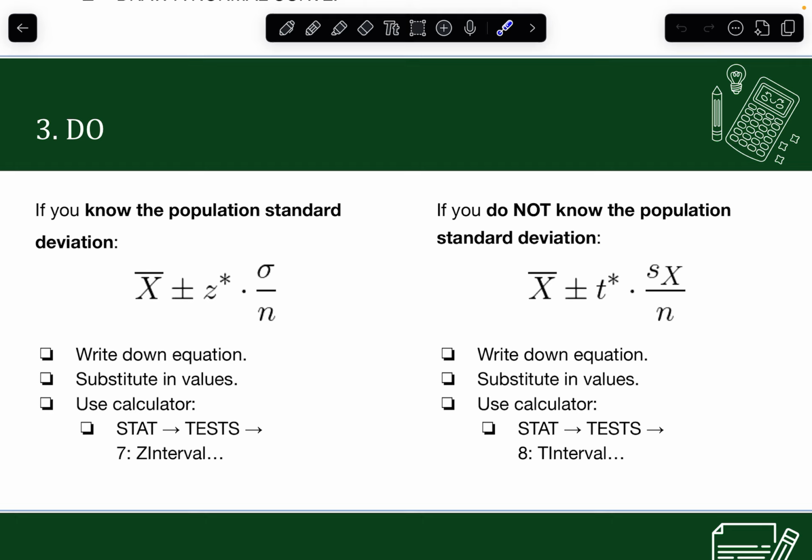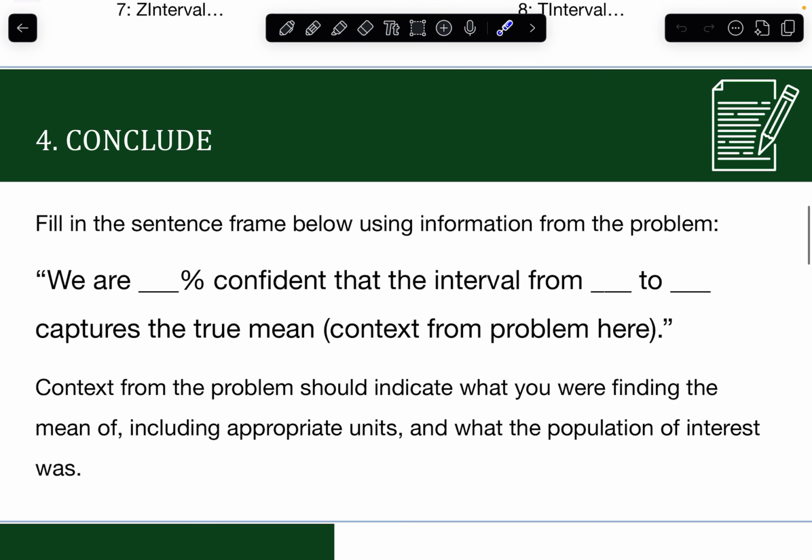Once the do step is done, we're going to go to conclude, which is the same regardless. We have a sentence frame that we're going to fill out. We are blank % confident that the interval from blank to blank captures the true mean blah. You're going to put numbers here, so this is your confidence level.